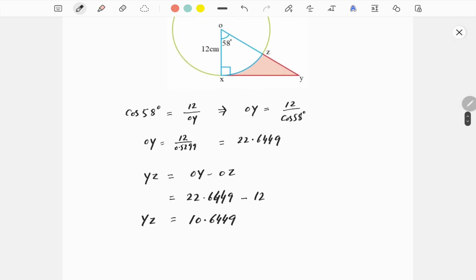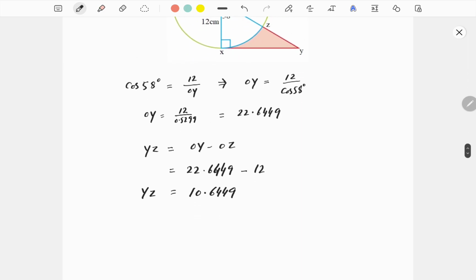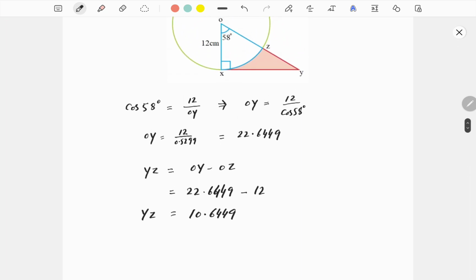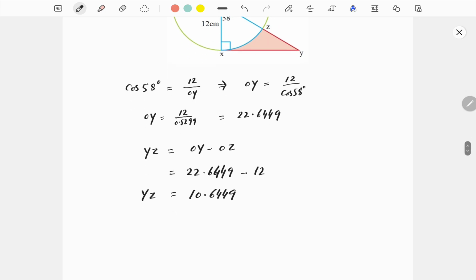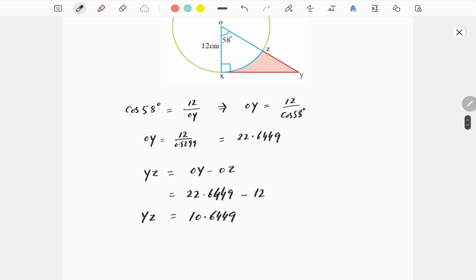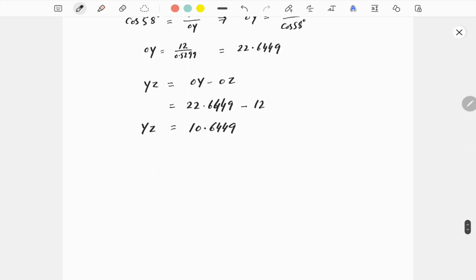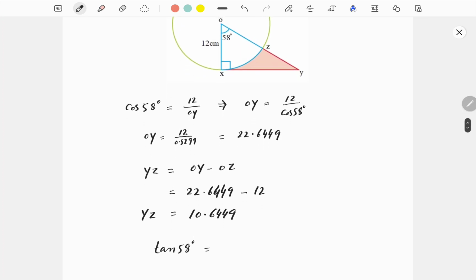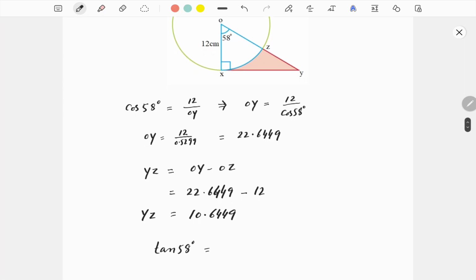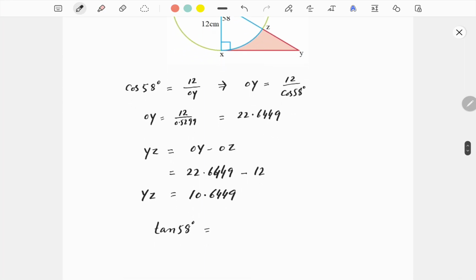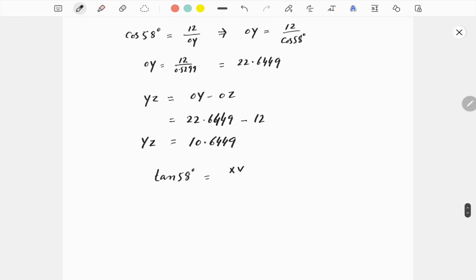Now we find XY. XY is basically the perpendicular of the triangle, so we use the formula of tangent theta. Tangent of 58 degrees is equal to perpendicular divided by base. The perpendicular is XY divided by the base, which is 12.